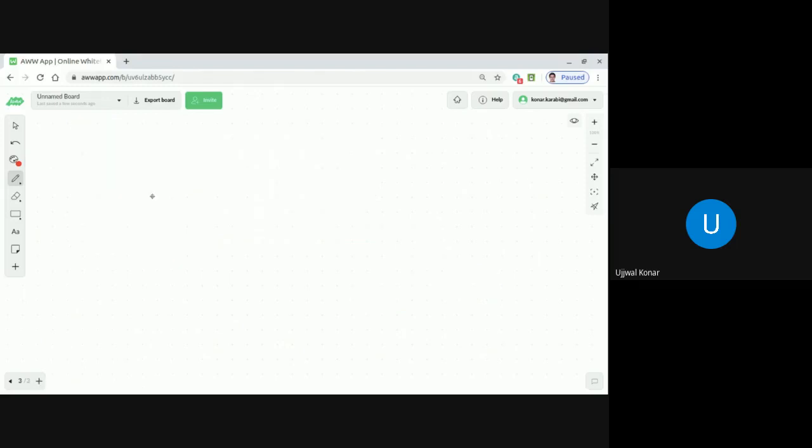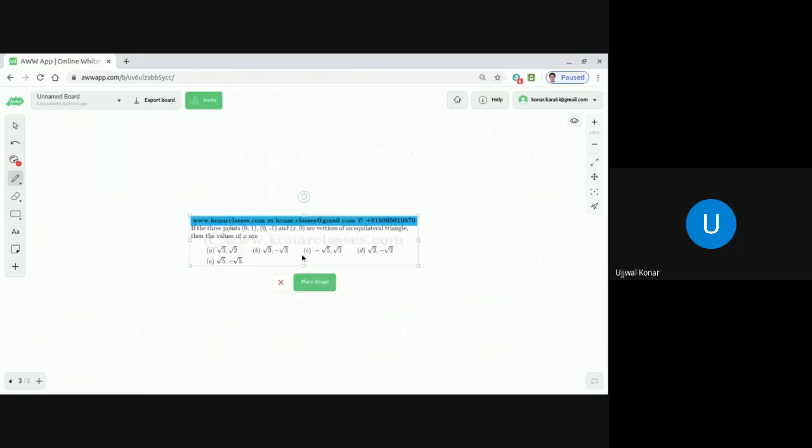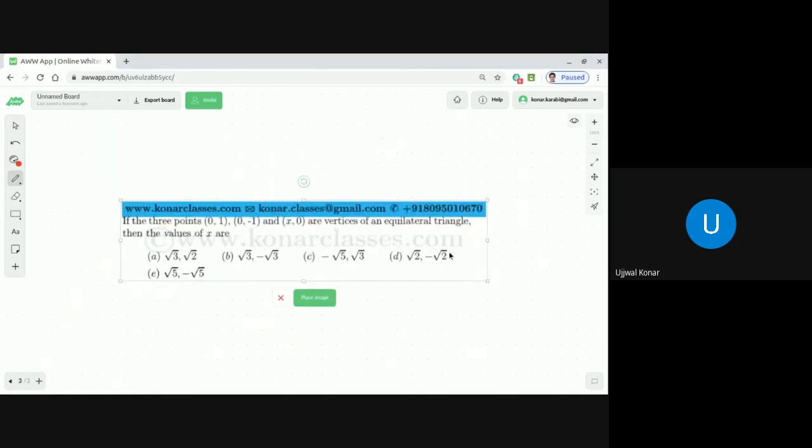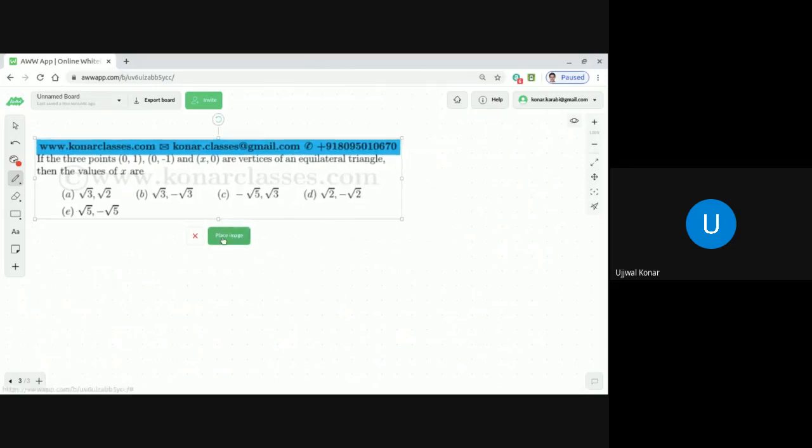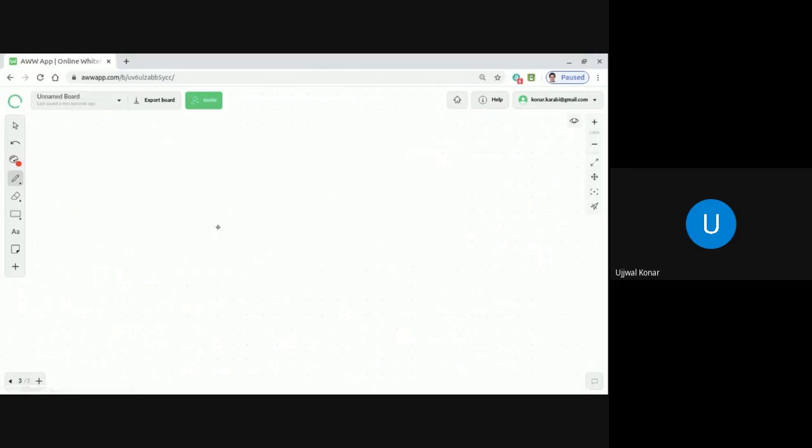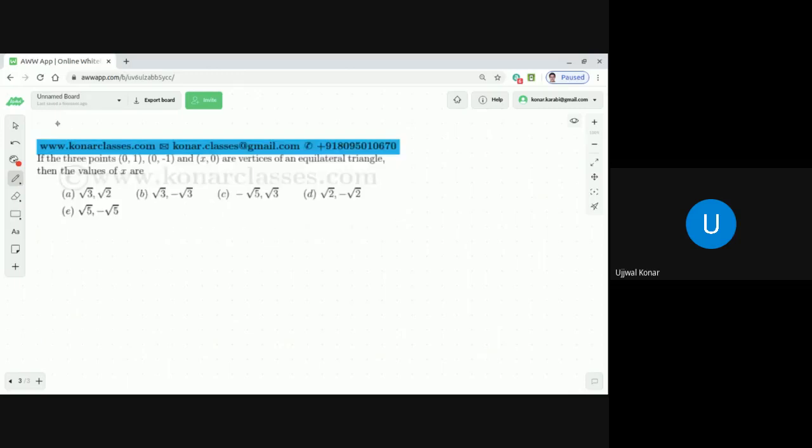The next question, dear students, is that if the 3 points 0, 1, 0, minus 1 and x, 0 are vertices of an equilateral triangle, then we need to find the value of x.